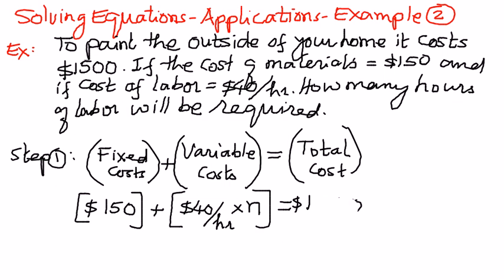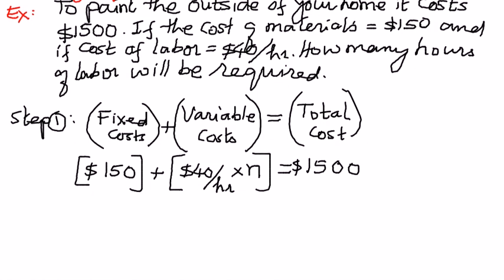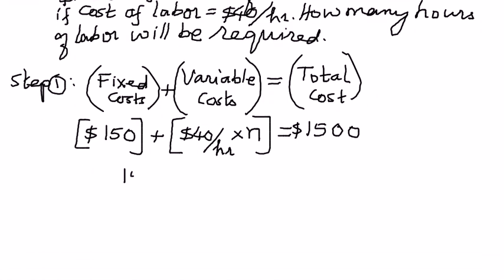This is looking like a 6, so let me write it as a 5. 1500. Therefore we have an equation. The equation is 150 plus 40n is equal to 1500. When we solve this equation, we should be able to figure out the number of hours required to paint the home.